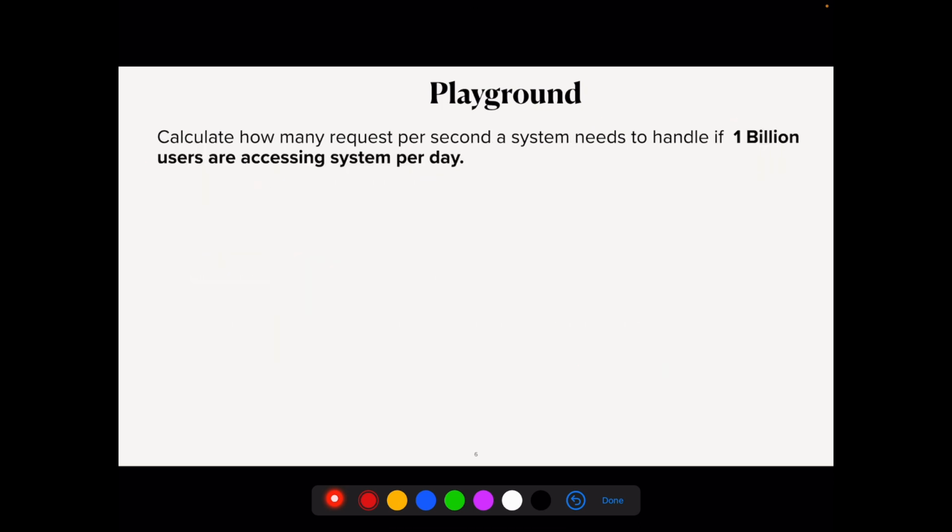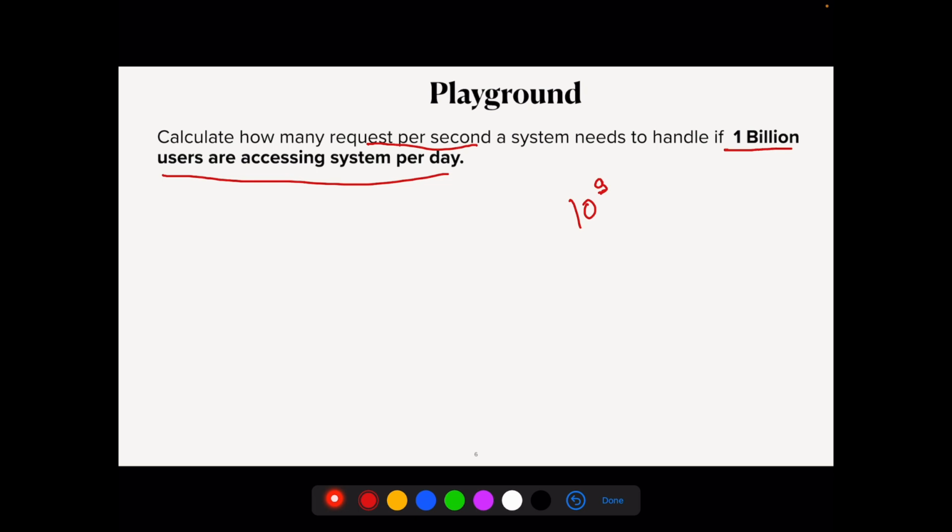The first example is: calculate how many requests per second a system needs to handle if 1 billion users are accessing the system per day. Here we are going to get the traffic of 1 billion users. How to represent this 1 billion? You would have already seen in my previous video, we can represent 1 billion as 10 to the power 9, correct?